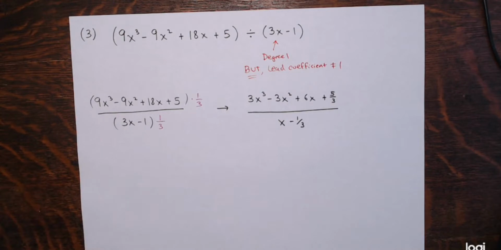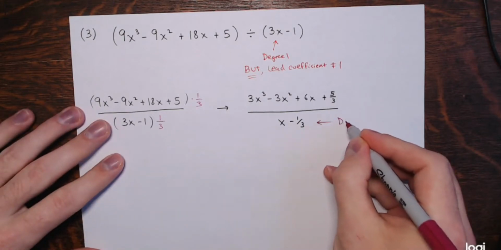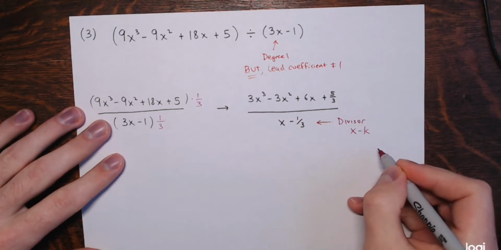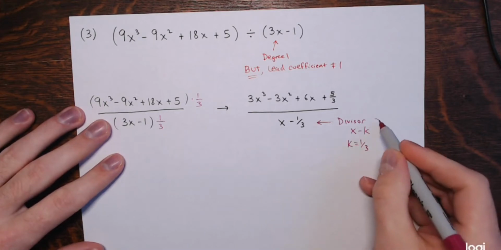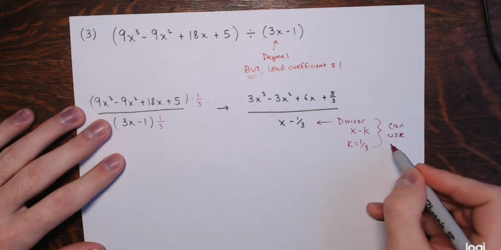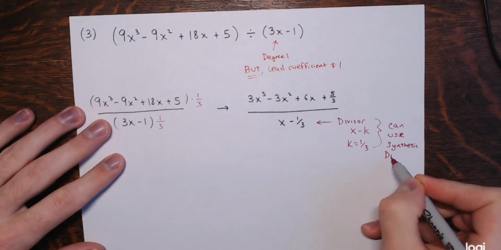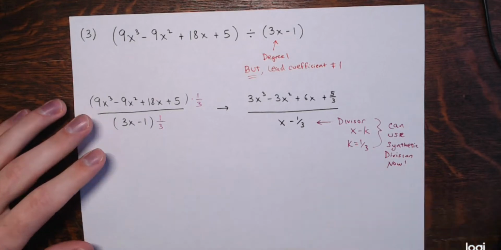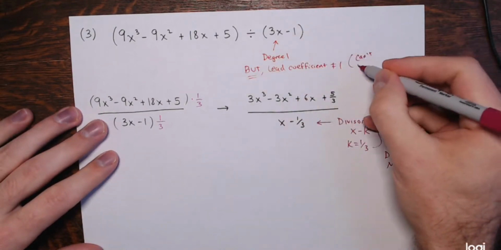All right, now the divisor is in the form x minus k, where k equals 1/3. K is a third here. So now we can use synthetic division. You can't use synthetic division here with the 3x minus 1 as a divisor.